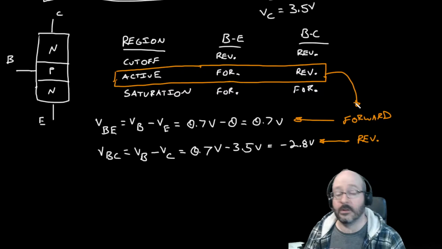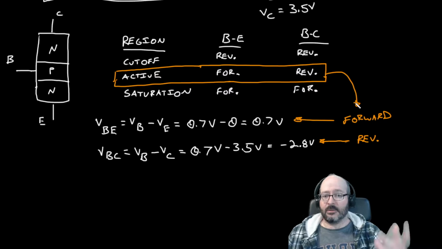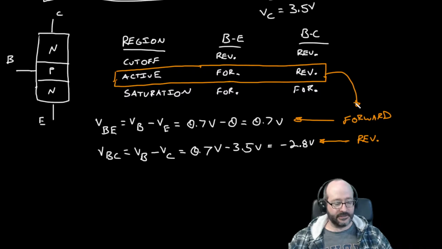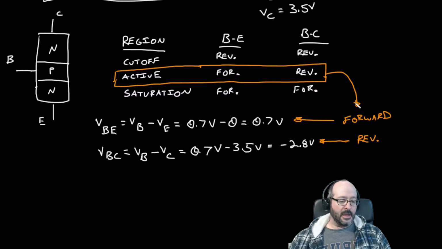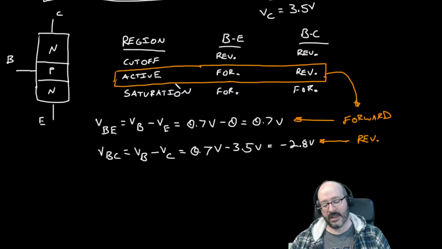All right, so this feels good, right? Like, oh, I just got to find the node voltages, I find these other little voltages, and I'm good to go. But there's, of course, a problem with it. The 0.7 was based on our assumptions, so this is always going to look like it's forward biased because that was part of the assumption we made to find the node voltages.